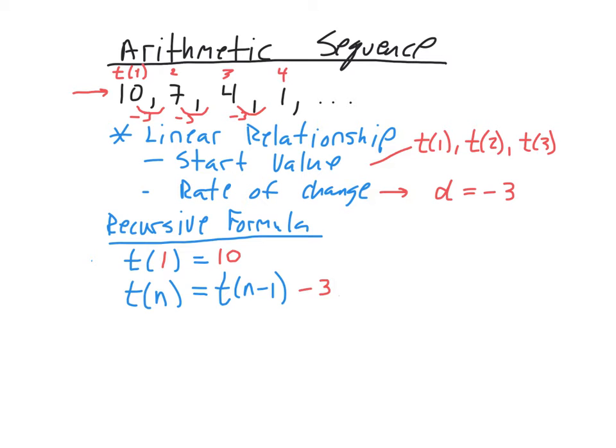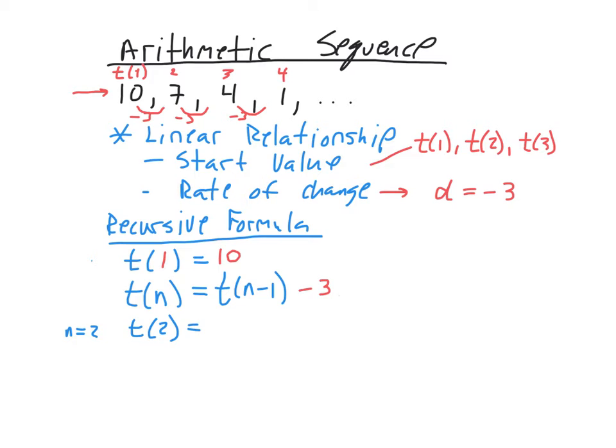Make sense? Because if I'm at n, then the previous one must be n minus 1, going backwards. That's the only thing. So now, let's see if it generates my actual sequence. So I've got t of 1, so now I need t of 2. So I'm plugging 2 in for n equal 2.